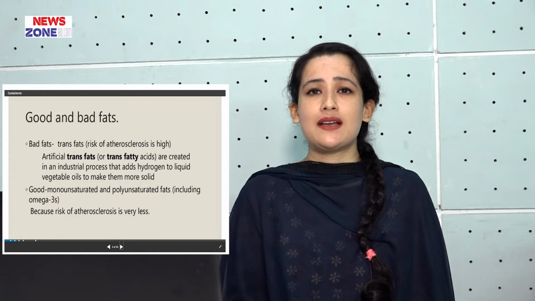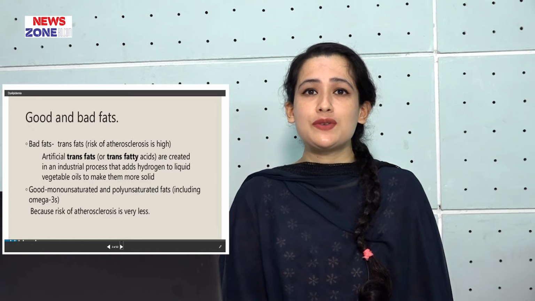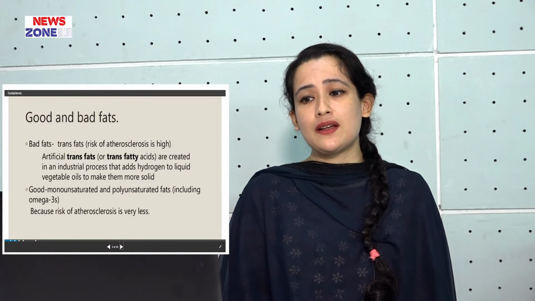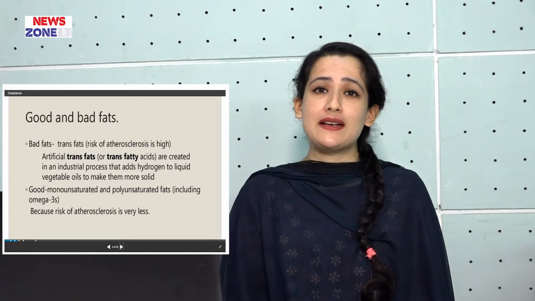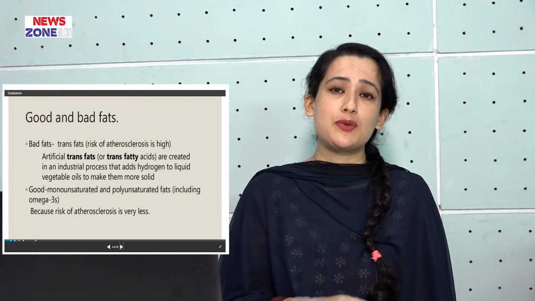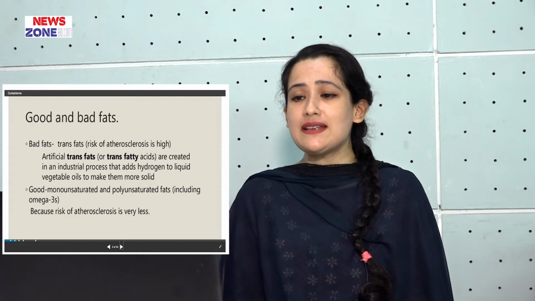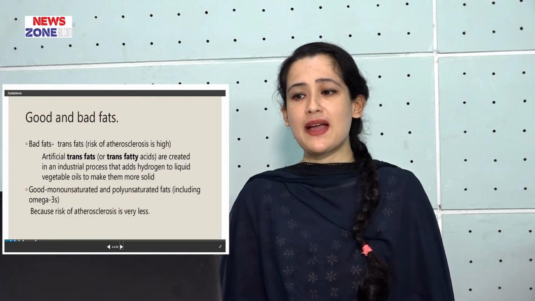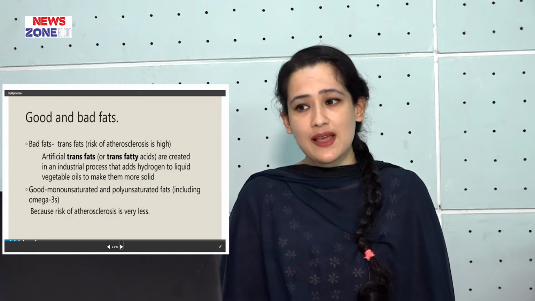Now, how the bad fat develop the atherosclerosis? Bad fat is responsible for atherosclerosis development. Why? Bad fat transport the bad cholesterol from our liver to the peripheral tissue and thereby they deposit it in our vascular endothelium and produce the thickening and hardening of the arteries and production of the atherosclerosis.